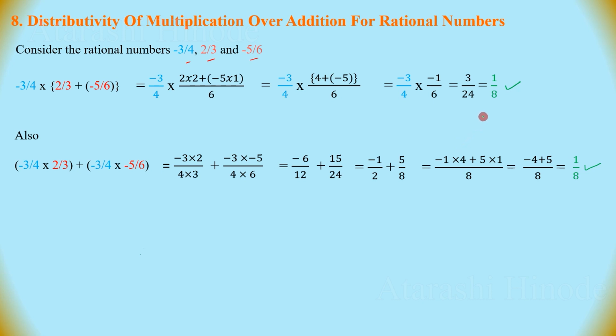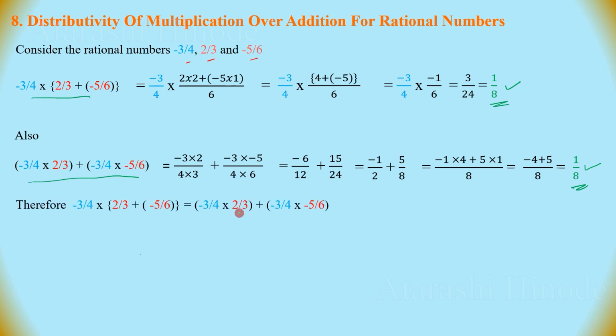Since in both the cases the answers are same, we can equate these two. That is minus 3 by 4 into 2 by 3 plus minus 5 by 6, that is equal to minus 3 by 4 into 2 by 3 plus minus 3 by 4 into minus 5 by 6.